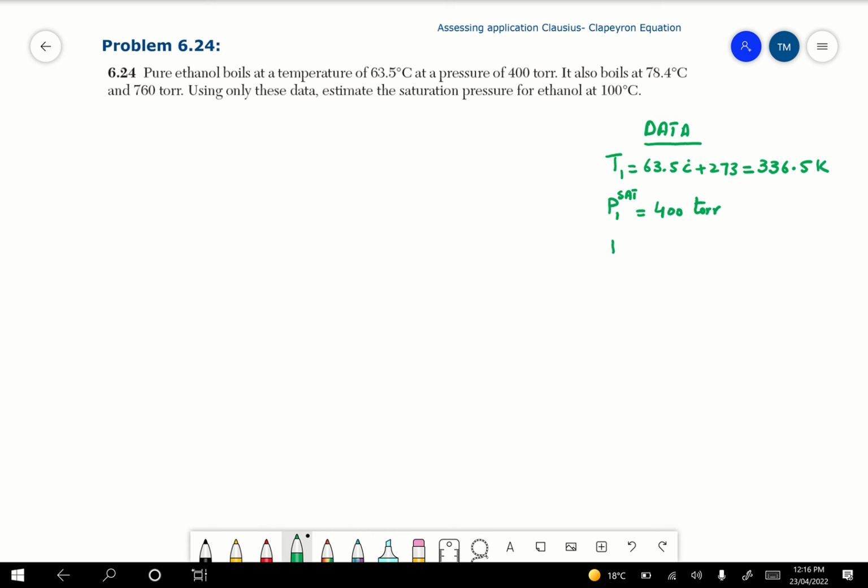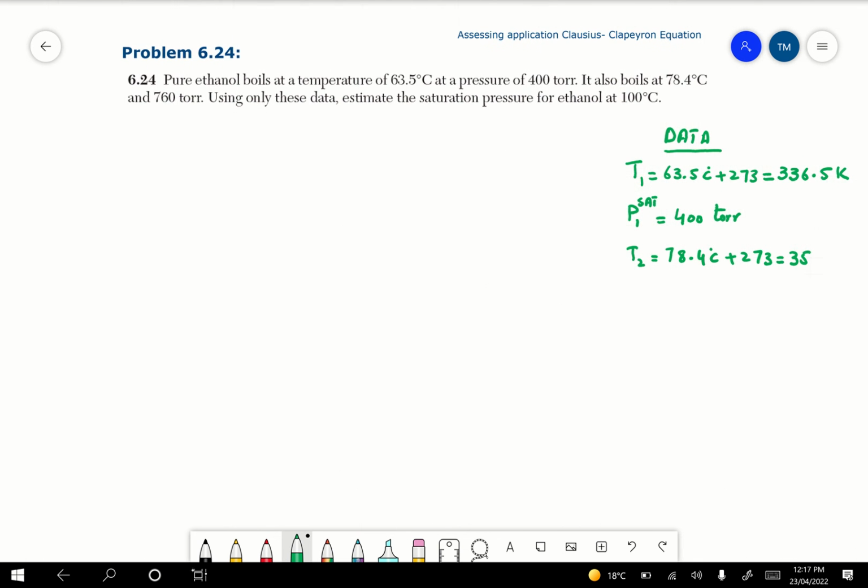Then the second temperature T2 is 78.4 degrees Celsius. We can convert this into Kelvin using 273, and that becomes 351.4 Kelvin.